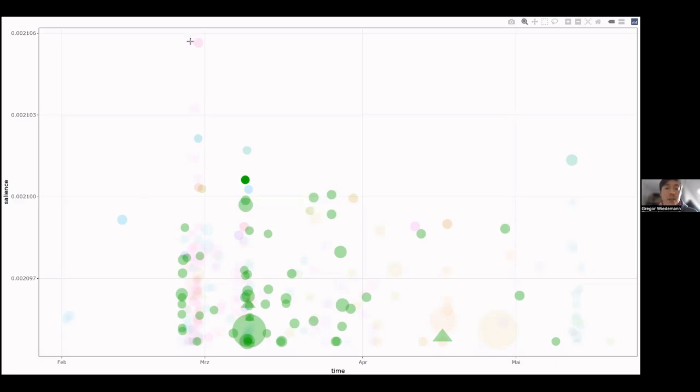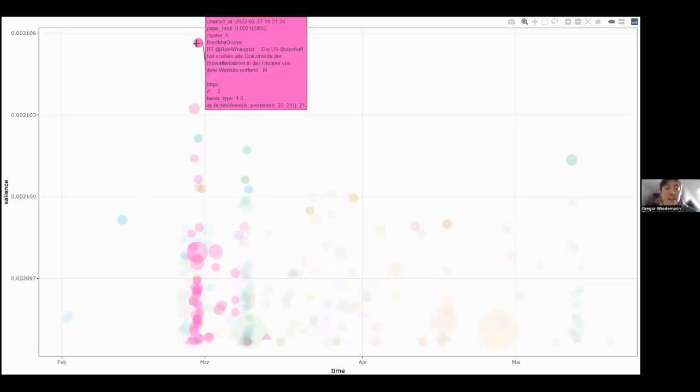But we can also see a different pattern like this pinkish one here, where we have only similar tweets occurring over a very short period of time in a very dense and condensed way. This means, for instance, the US Embassy just deleted all the documents about the bioweapon laboratories in Ukraine from their website.